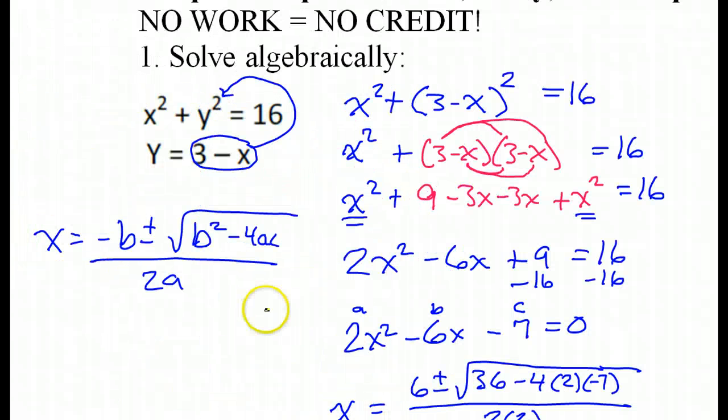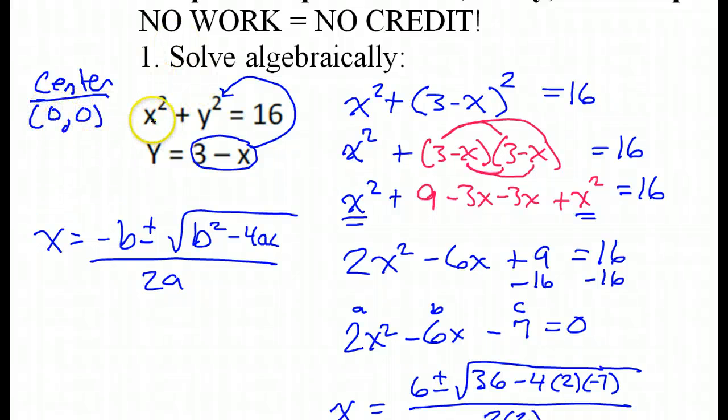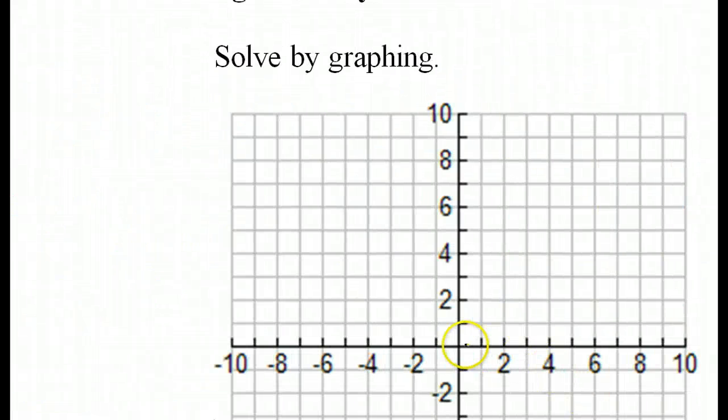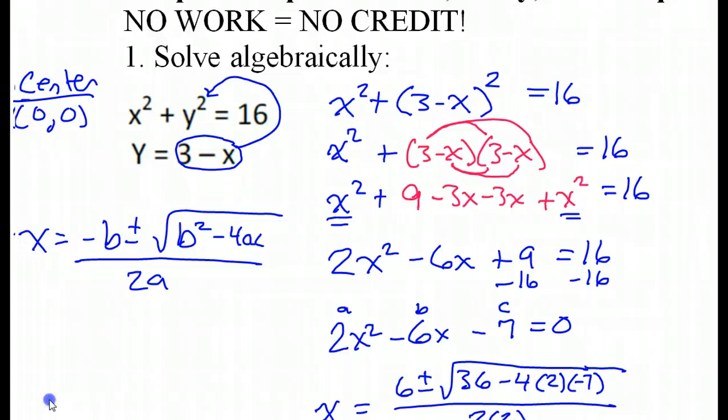Now graphically, what's the center of this circle? Hopefully you see that the center is 0, 0, because it's just x squared and y squared, nothing being added or subtracted. So I know the center of this circle is at 0, 0. Now what's the radius?